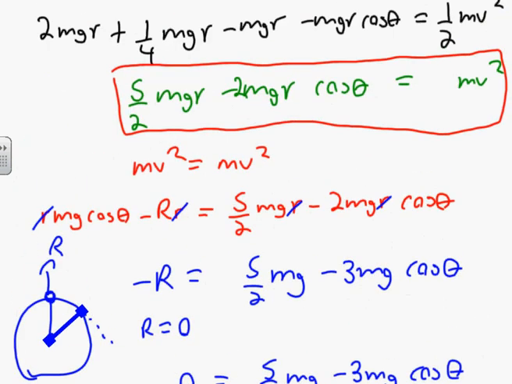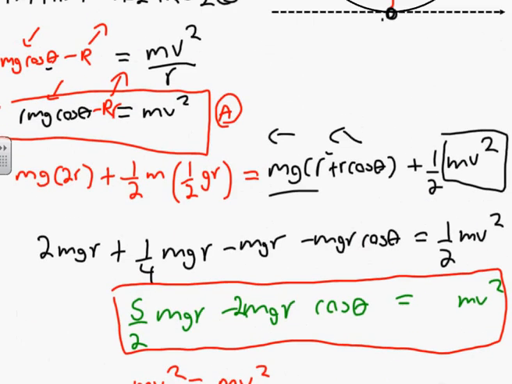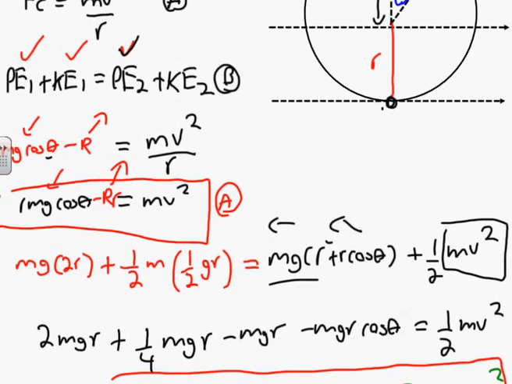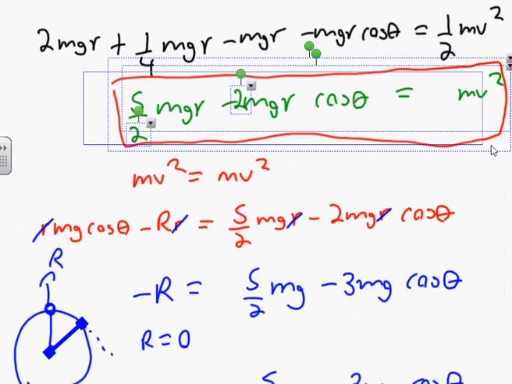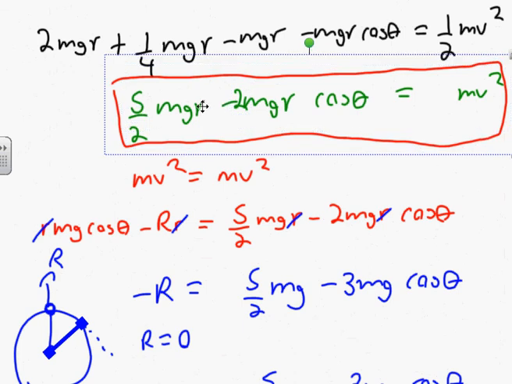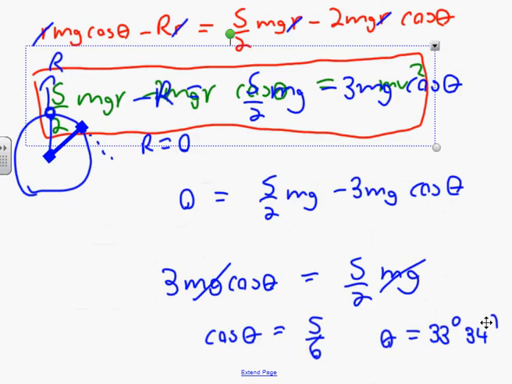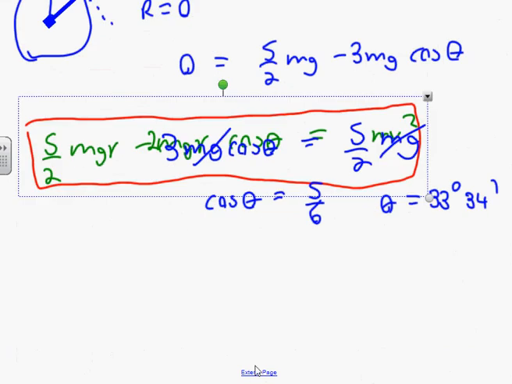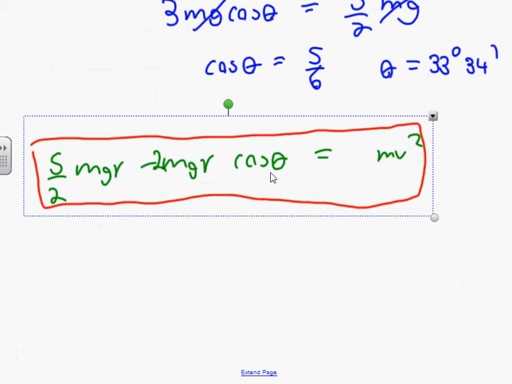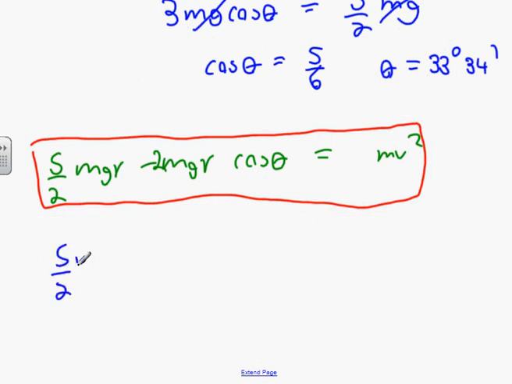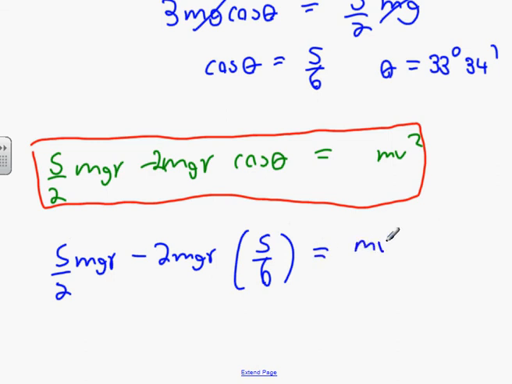Now finally, it also wanted me to find out the velocity, right? So the velocity, which is the easy equation again, I'm going to use this one here. Now that I know what cos theta is, it wants me to find out what the velocity is. So it's going to be 5 over 2 mgr minus 2 mgr cos theta, which is 5 over 6, equals mv squared.